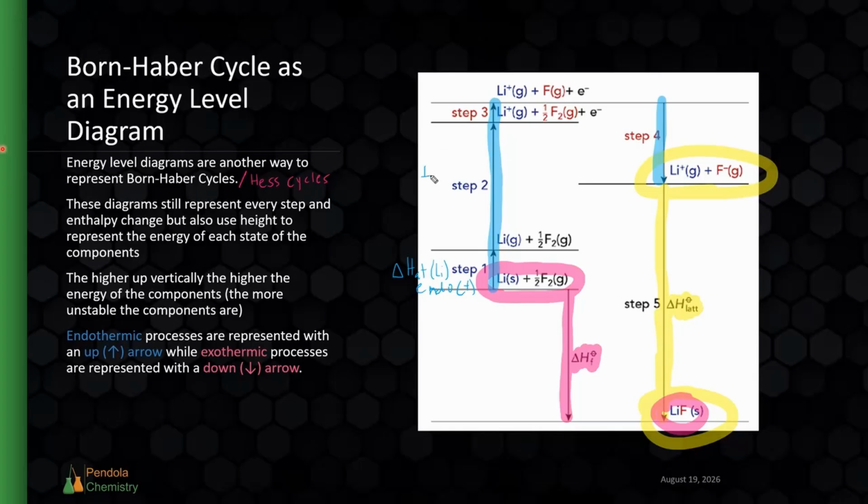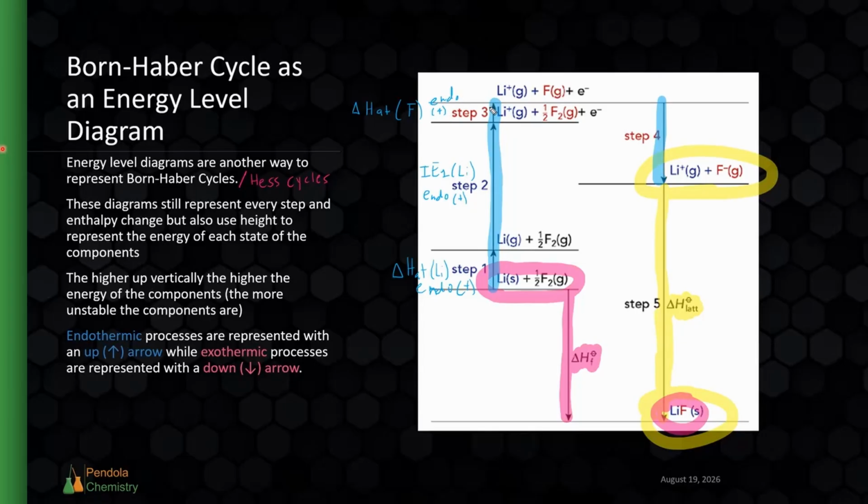So the ionization energy 1 for lithium, which we see here, going from lithium gas to lithium plus, is also endothermic. It is a positive enthalpy change. That's why it points up. Here, the enthalpy change of atomization for fluorine, going from 1/2 F2 gas to the F gas, that's also endothermic. And you can see it points up.